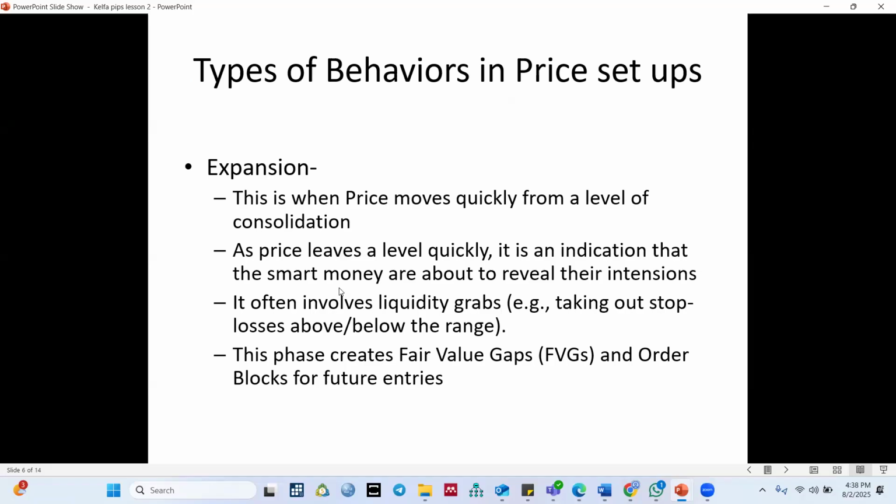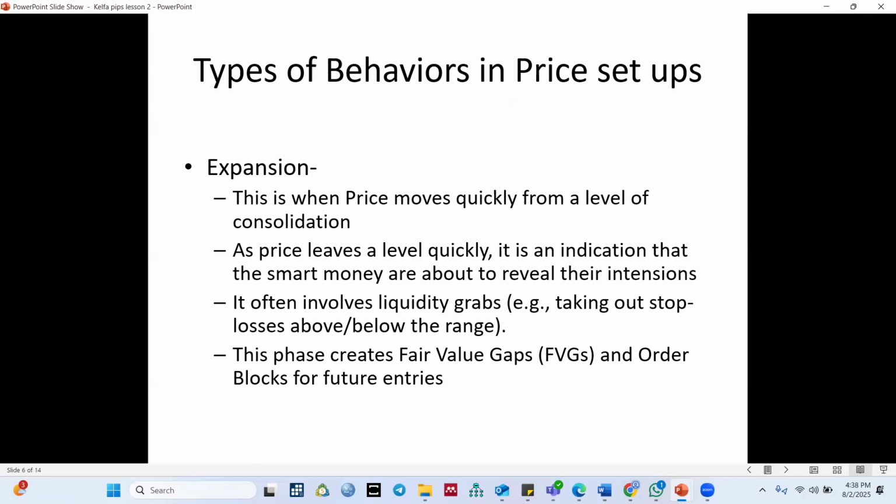So the moment there is an expansion, or price breaks out of the consolidation, it creates a whole lot of reference points that we can use for future entries.